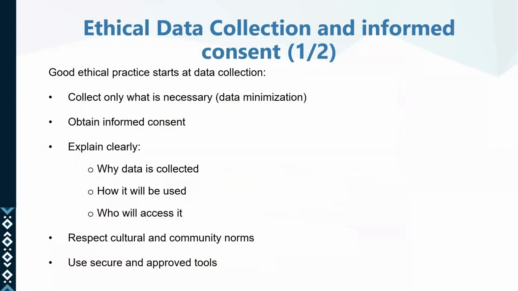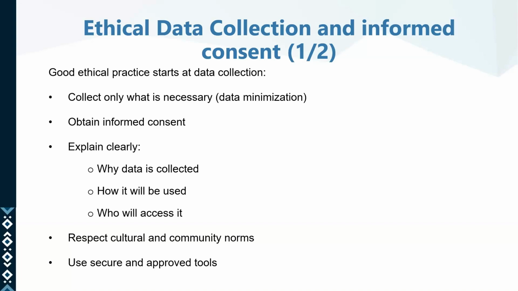Good ethical practice starts at data collection. That means we should apply the principle of data minimization. That means we should collect only what is necessary. We should not go and collect extra data thinking, maybe we can use it later on. No, we should collect only what is necessary. We should obtain informed consent prior to any data collection.